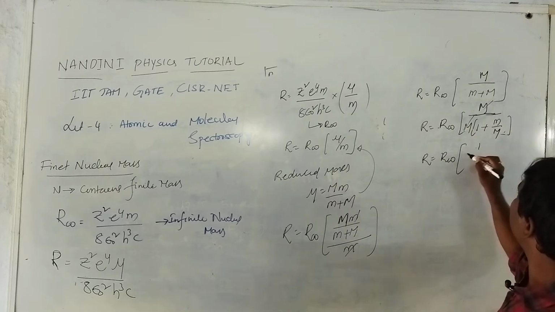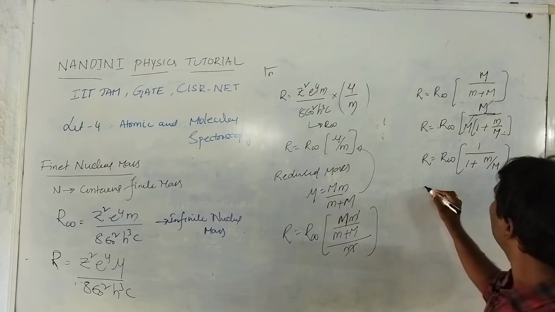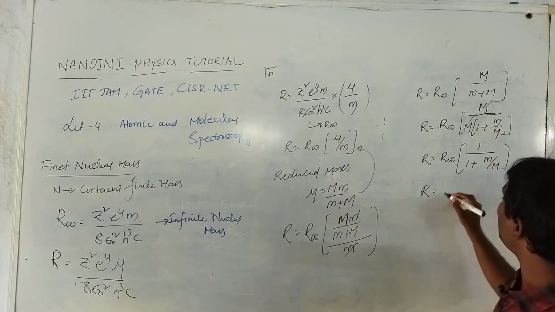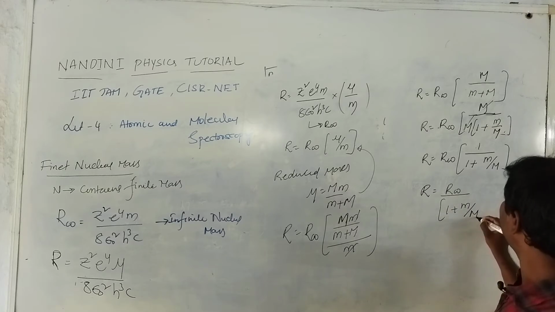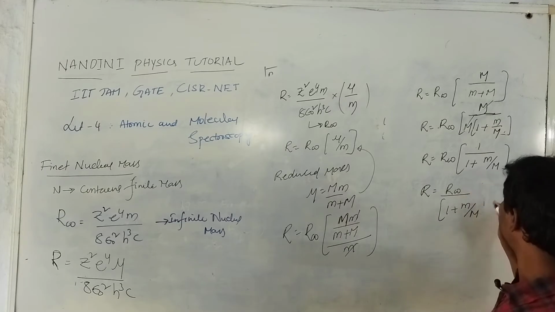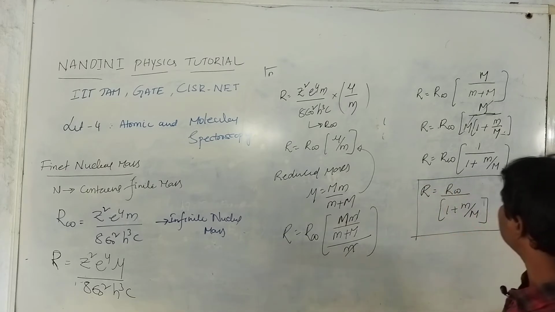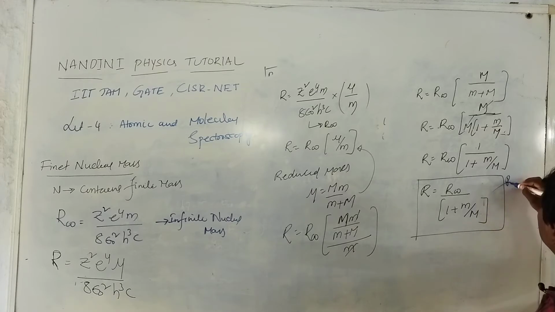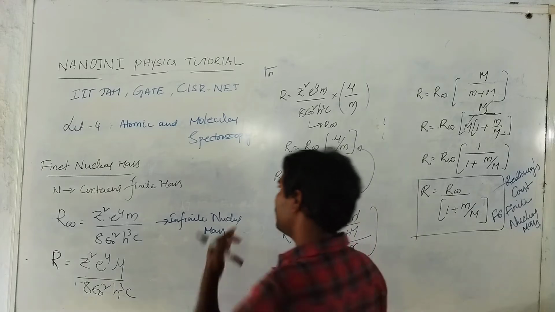So therefore it is 1 divided by 1 plus m divided by capital M. So Rydberg constant R is equal to R infinite divided by 1 plus m divided by M. So this is your Rydberg constant for finite nuclear mass.